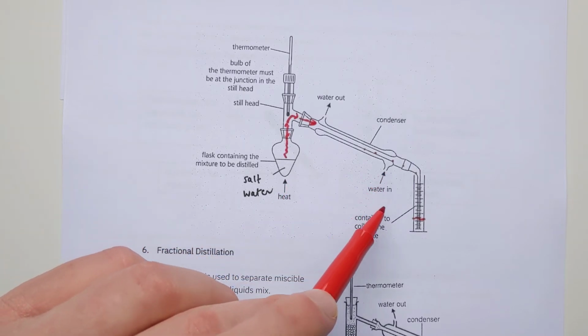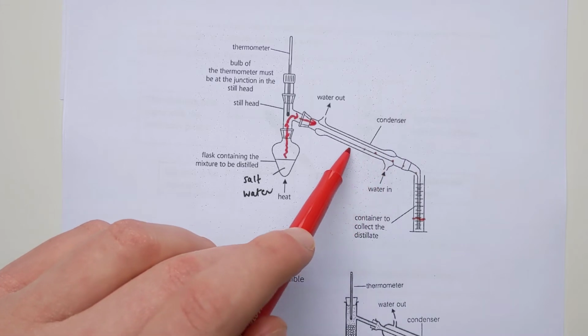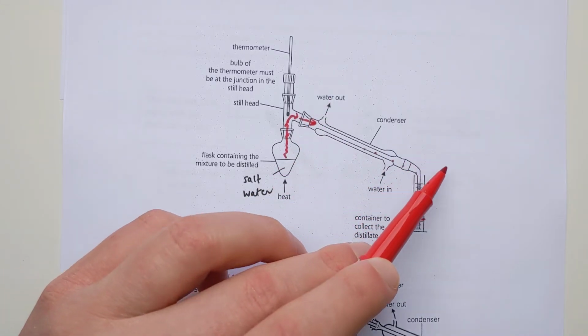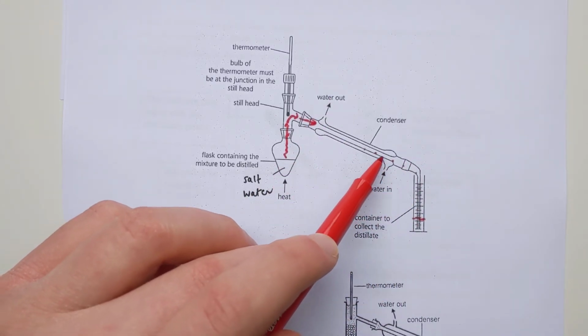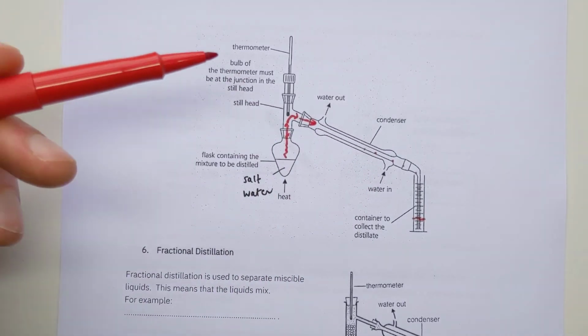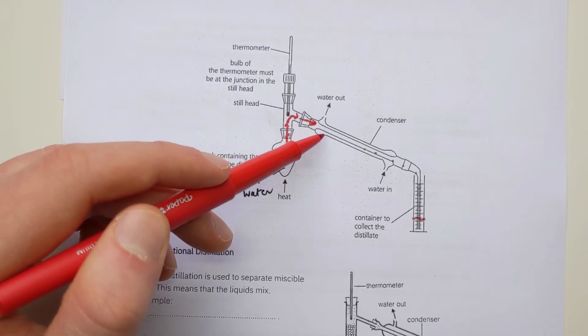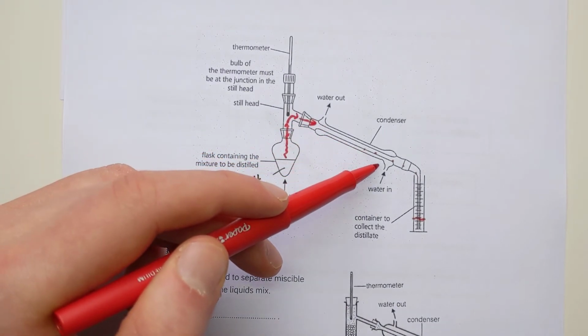In this jacket you can flow water through it from the tap, so cold water can go around the outside of this tube and out the other side, so you've got a constant supply of cold water surrounding this condenser. Because it's quite cold, when your gas hits the side of the wall of this tube, it will cool down and turn back into liquid.